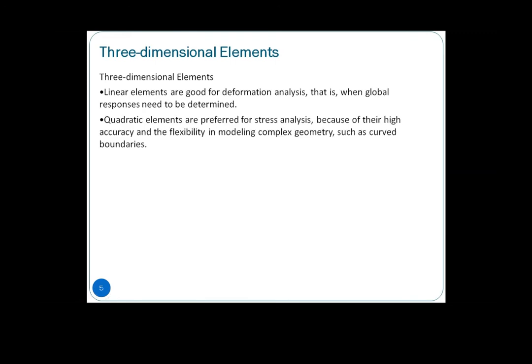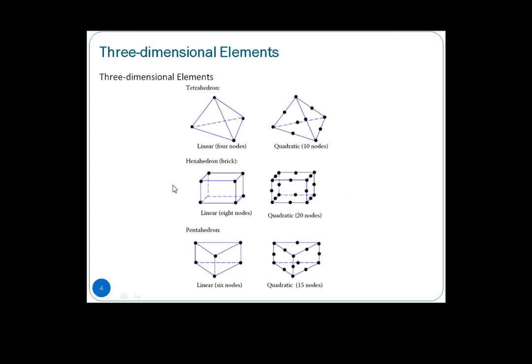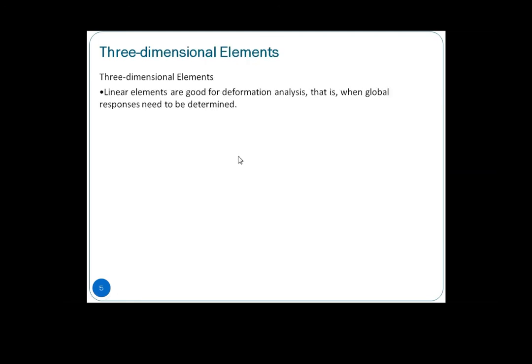So the properties: we have linear elements and quadratic elements, as we have mentioned. Just now we are talking about the most common ones, tetrahedral and hexahedral. Both of them have linear and quadratic, higher orders.